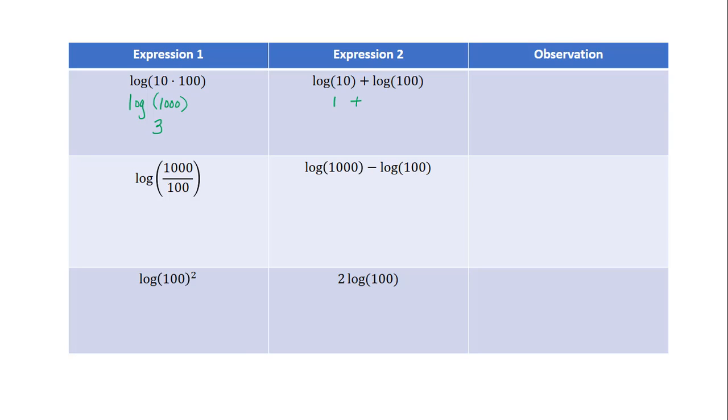Plus log of 100, what do you think that is? 2. Good job, because that is the exponent of 10 that gives me 100, and that is 2. Well, 1 plus 2 is 3. So these two expressions give us the same result.